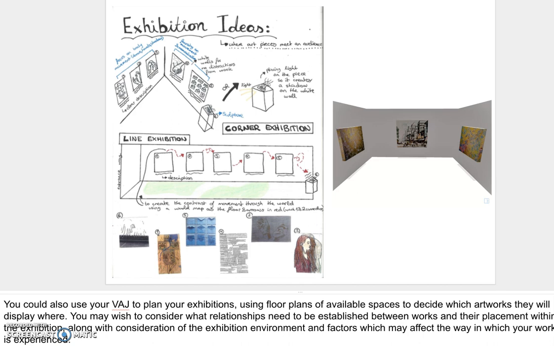How else can you use your journal for the exhibition assessment? You can actually plan your exhibition in your journal using floor plans of available spaces to decide which artworks you will display where. You may wish to consider what relationships need to be established between works and their placement within the exhibition, along with consideration of the exhibition environment and factors which may affect the way in which your work is experienced.